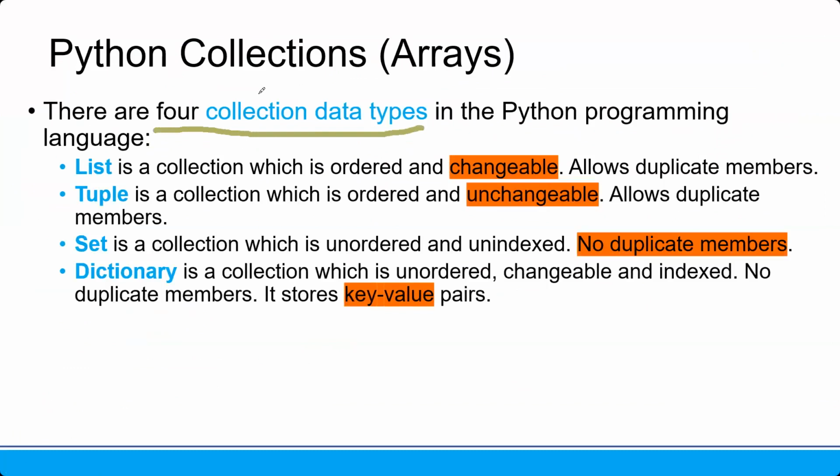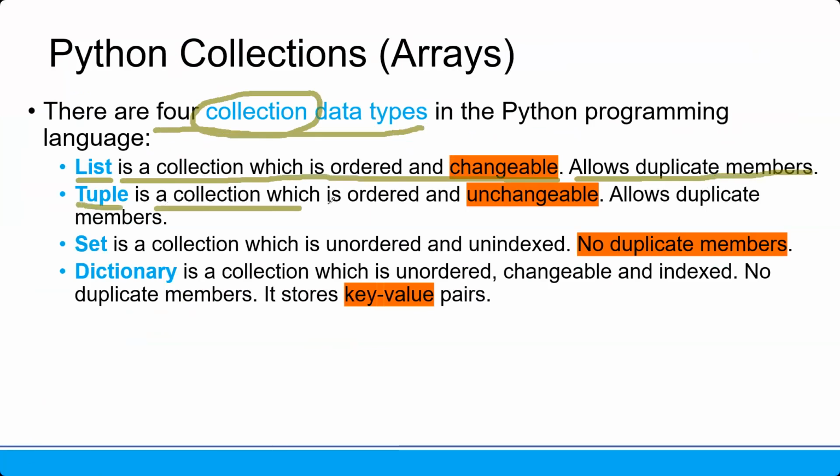We call it collection because the data is not one. The data will be able to have more than one. We can use list. List is a collection which is ordered and changeable. It allows duplicate members.